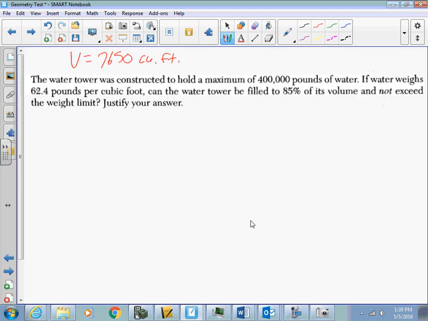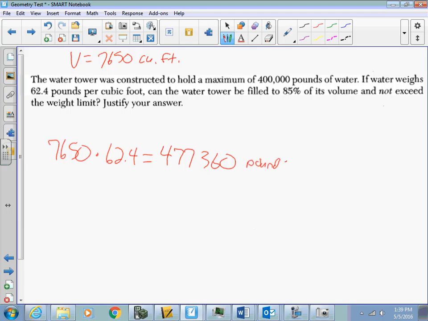So for each cubic foot, water is going to weigh 62.4 pounds. So if it were full, this is how much weight would be in there. Be the volume times 62.4, which is equal to 477,360 pounds. That is pounds.